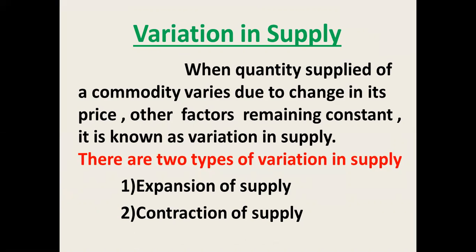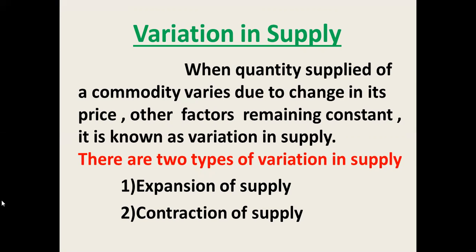So what do the other factors mean? The first is the price of inputs. The price of inputs means the prices of the factors of production, the rewards of those factors. Then second is taxes. Then third is technology.